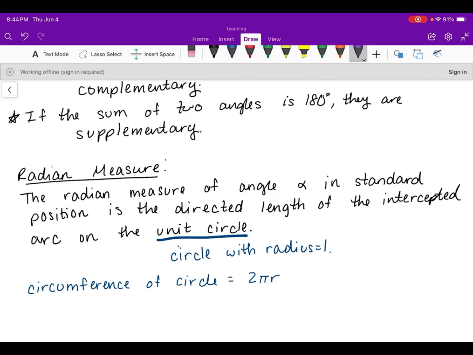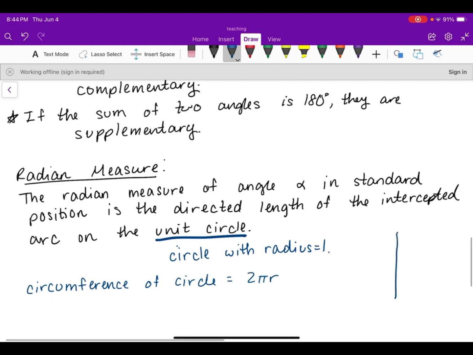So let's look at this for a moment. If we have a circle with radius 1, it starts in the middle, radius of 1. That means the circumference of this circle, since my r is 1, would be 2 pi times 1, so that's 2 pi.